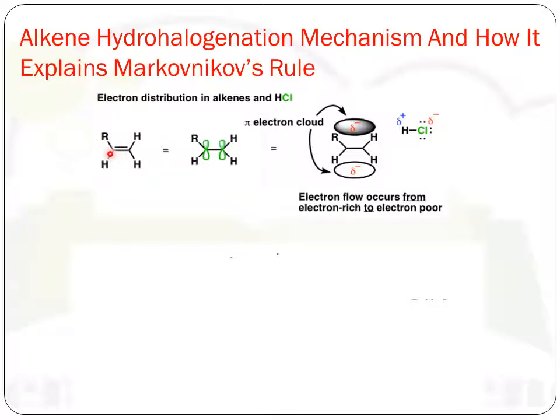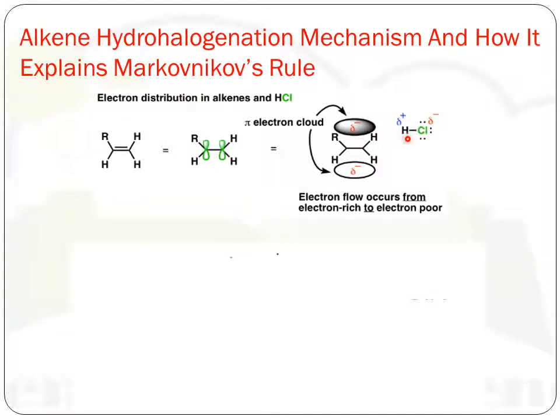A sigma bond is formed by axial overlapping of orbitals and a pi bond is formed by sidewise overlapping of orbitals. That means pi bonds are perpendicular to the plane. Hence, the pi electron clouds are present above the plane and below the plane. This is the pi electron cloud you can see here, present above and below the plane.